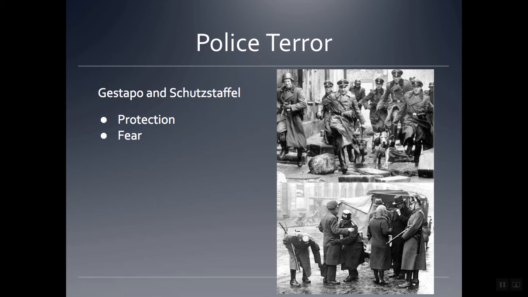And so the fear of police terror is so important because it's what makes people fall in line and not want to step out of that line that you've created.